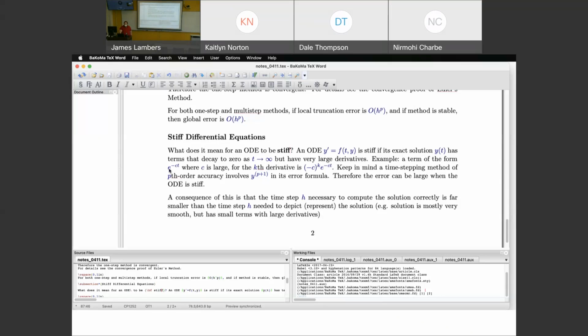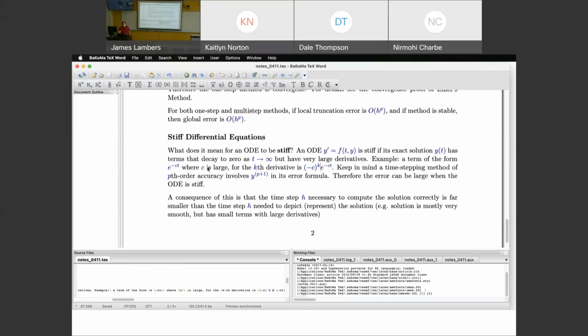So this is an example: if the exact solution has a term like e to the minus ct, where c is a large positive constant, then you take the derivative of this, and it's magnified by that constant. So even though e to the minus ct itself is small, derivatives can get very large.